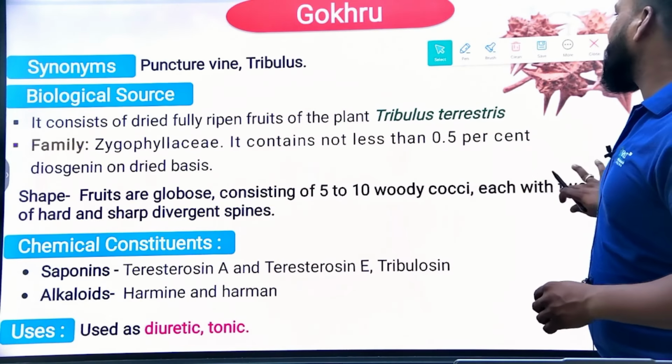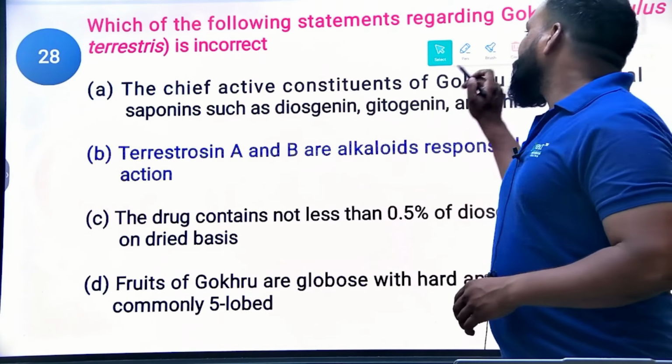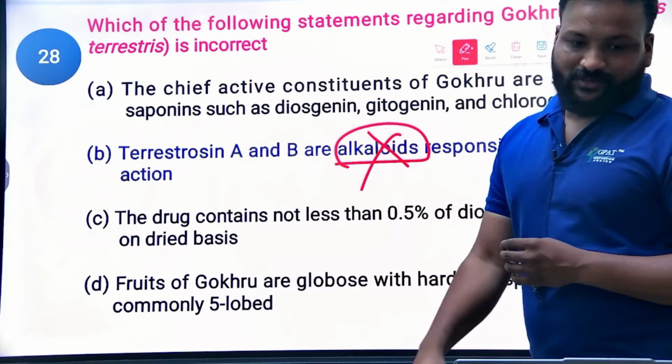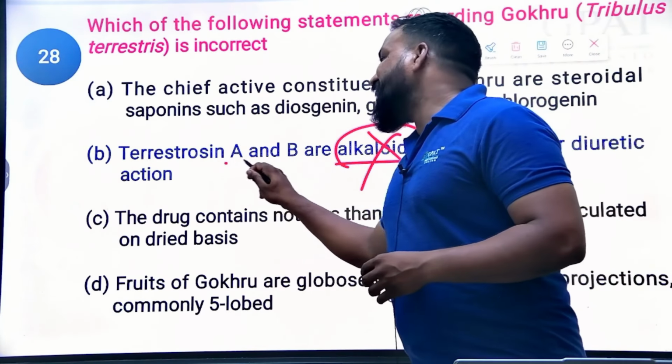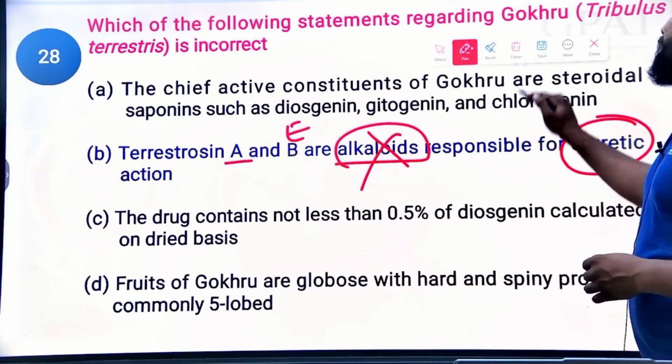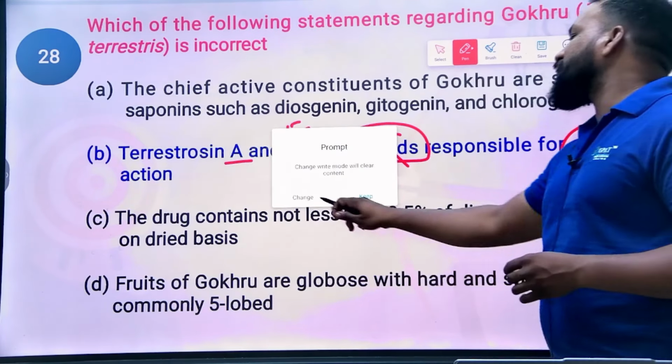What they have said in the question, that they are alkaloids, is wrong. No, they are not alkaloids. They are saponins, and they also produce the diuretic action. Clear? So that's the reason it is a wrong option. That's the reason it is a wrong statement.